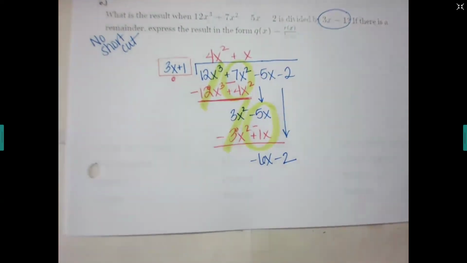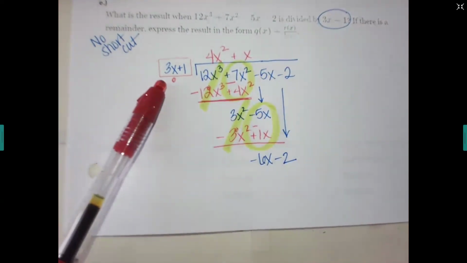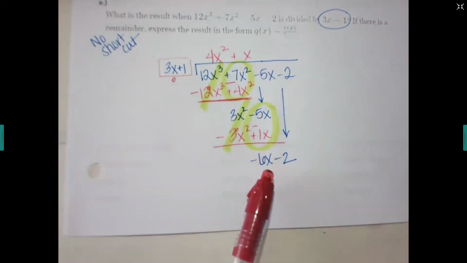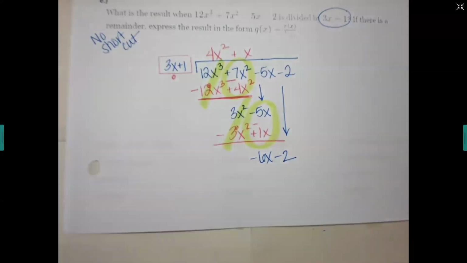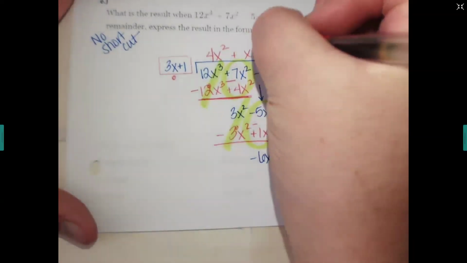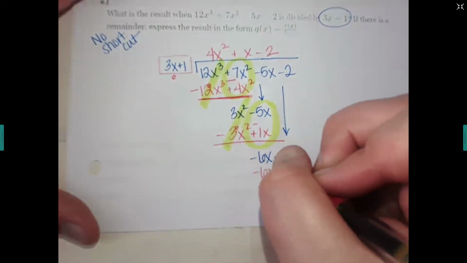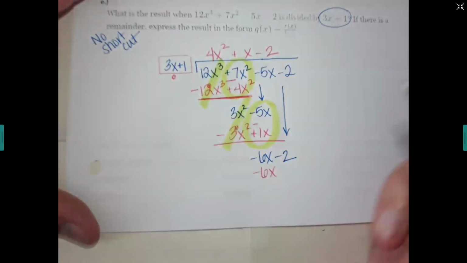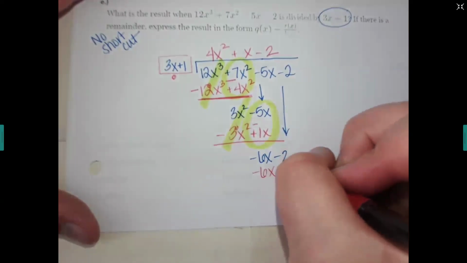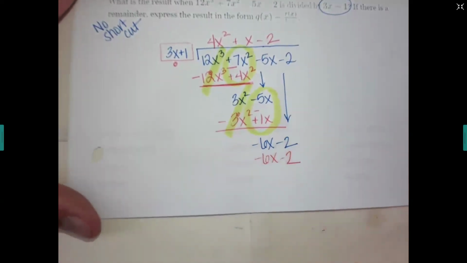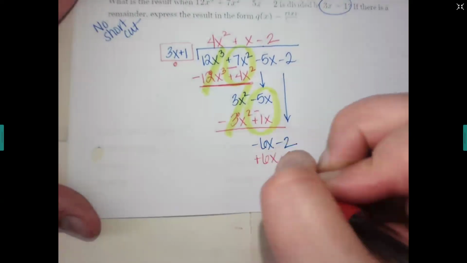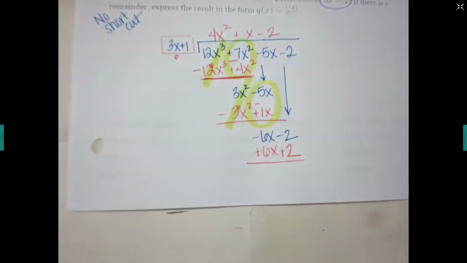Okay, then I repeat the process and I say I have a 3x, I need to perfectly match a negative 6x. What would I put for that? Negative 2. And then negative 2 times 3x is a minus 6x. Negative 2 times 1 is a minus 2, but then what am I going to do with the signs? Flip them. So if they were both minus, now they're both plus.